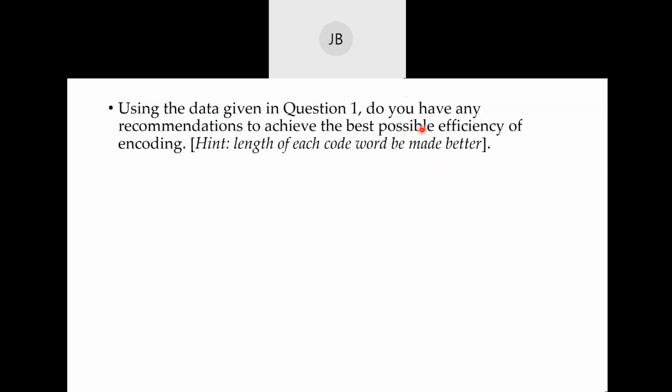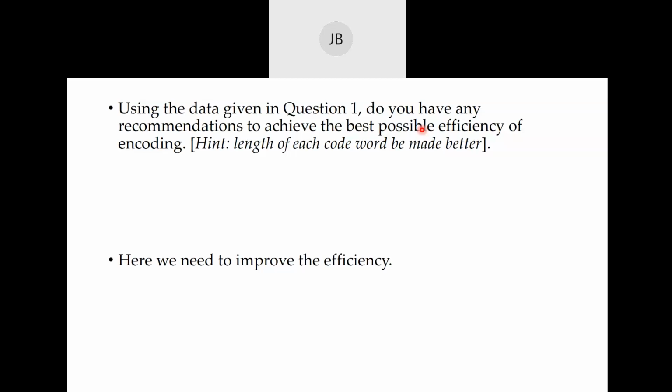From the given question, what information do we have? We have the entropy, average code word length, etc., which we can find in the first question. With the help of that, can we find the efficiency? There should be an equation you might have studied. I am sure you have studied how to find the efficiency of an encoding scheme.